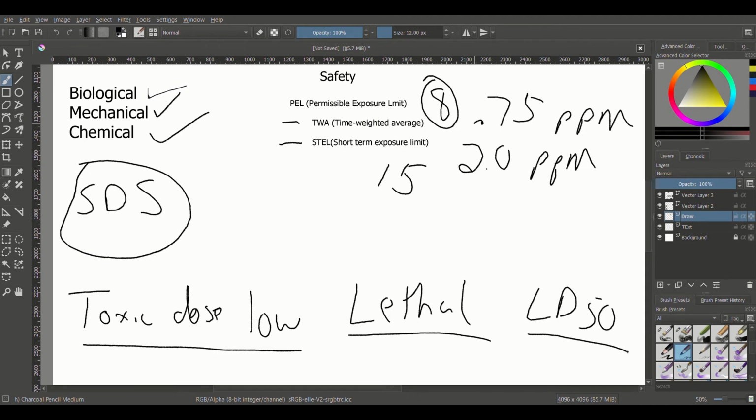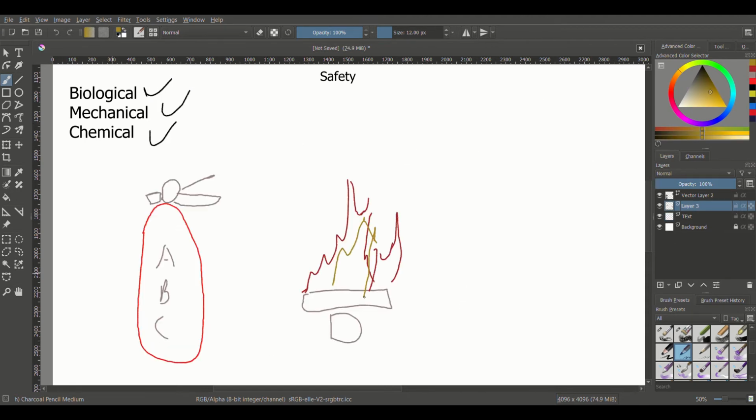die. Within the realm of chemical risks, we have things that can catch on fire. So, fire and explosive hazards. The things that we really have to concentrate on here, or at least that I would advise you concentrate on, is how to prepare for this kind of event and how to make sure that everyone is safe in case of a fire.